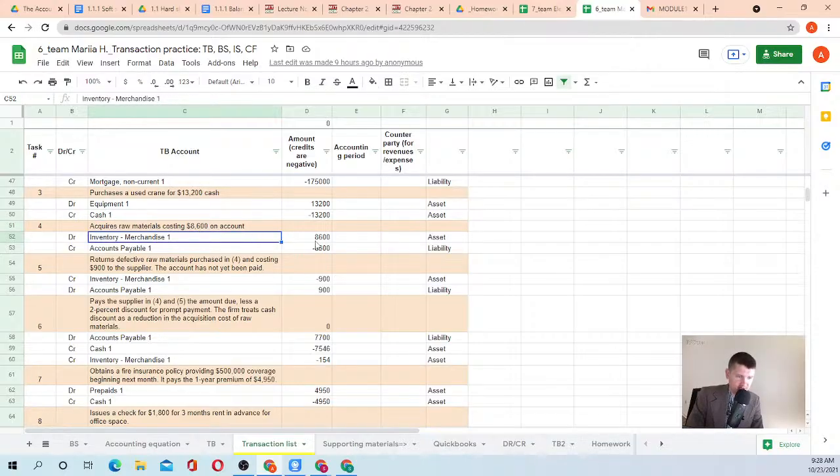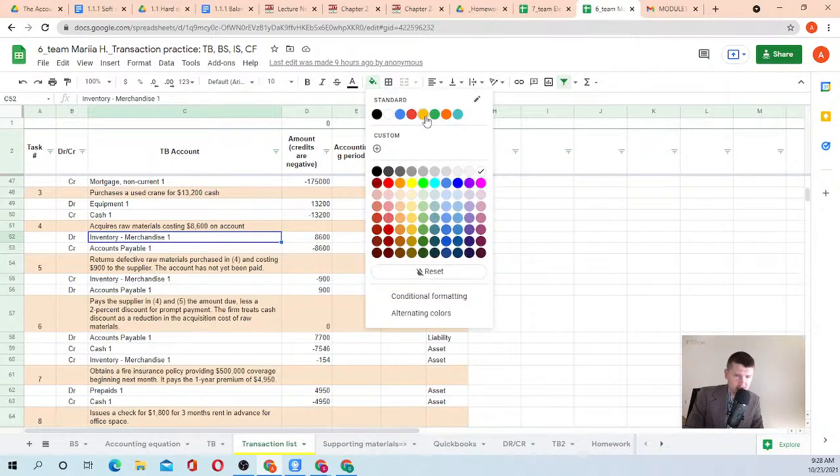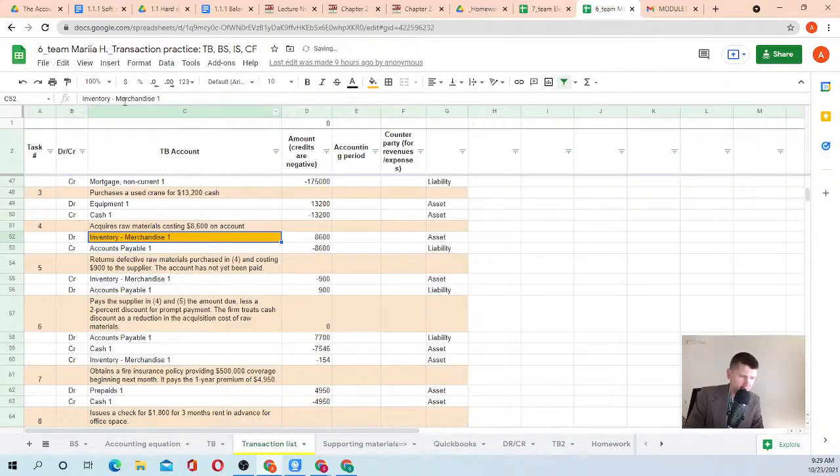Inventory merchandise, right. I think I should fix it a bit, because merchandise is supposed to be ready-to-be-sold stuff, like apparel or finished goods, and we have raw materials here, so we better just say raw material.